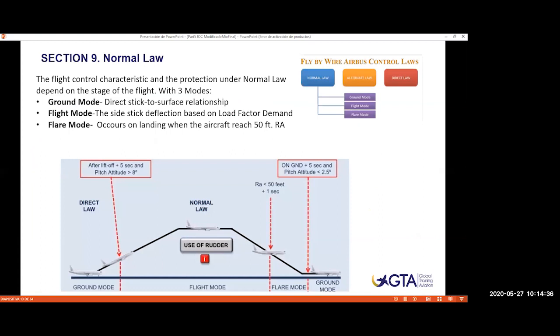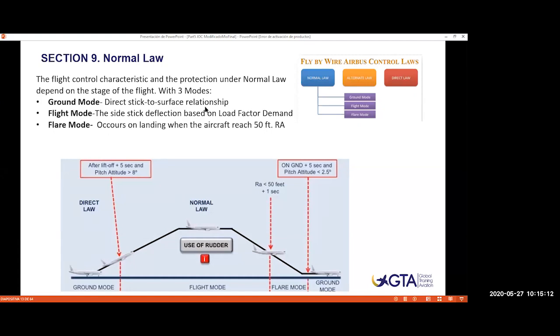If you see here, in normal law on ground mode, when we move the side stick, the surfaces move differently than when the aircraft is already flying. And later on, when the aircraft is going to land, it must be completely different also. Because, as we will see later, in some circumstances, without flare mode this aircraft could not be landed.